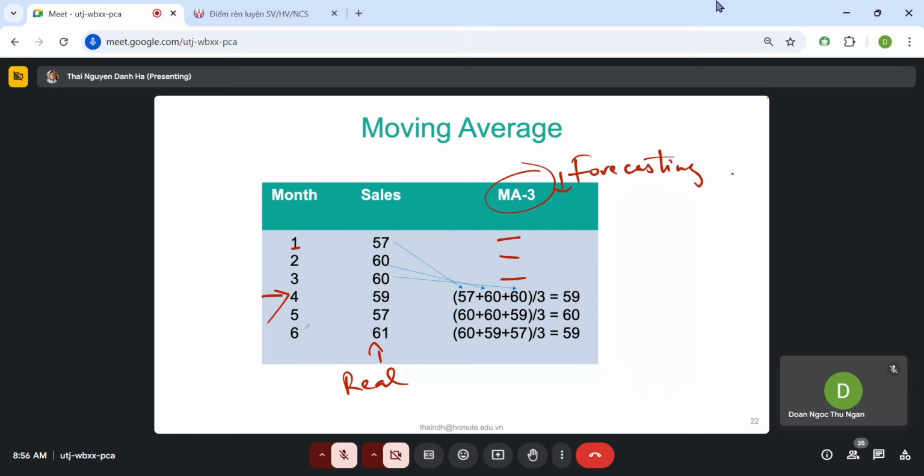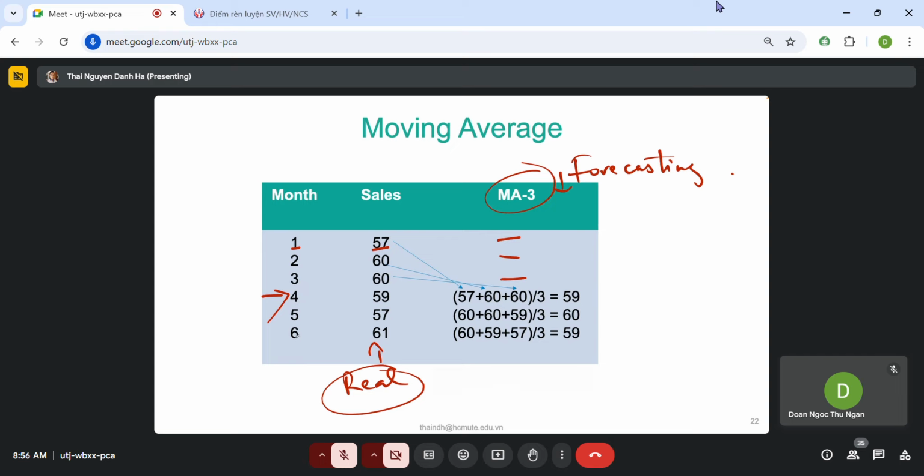For the forecasting, because we have MA3, we need to calculate the average number of the real data from the first 1, 2, 3. If we want to find the number for the fourth period, we need to calculate the first, second, and third period.